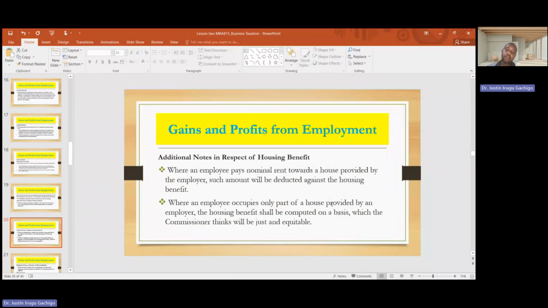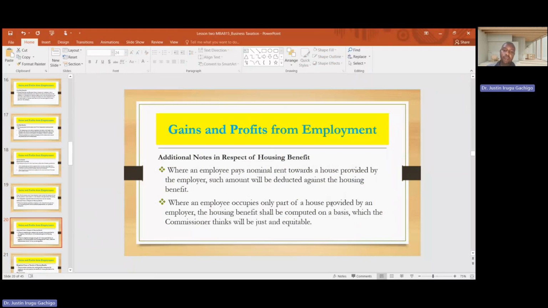Where an employee pays nominal rent toward a house provided by an employer, such amount will be deducted against the housing benefit. So if an employee pays nominal rent, it is the actual amount. Let's say the employer gives you a house with a benefit of 40,000 and you pay 40,000, that is the amount that will be deducted against the housing benefit.